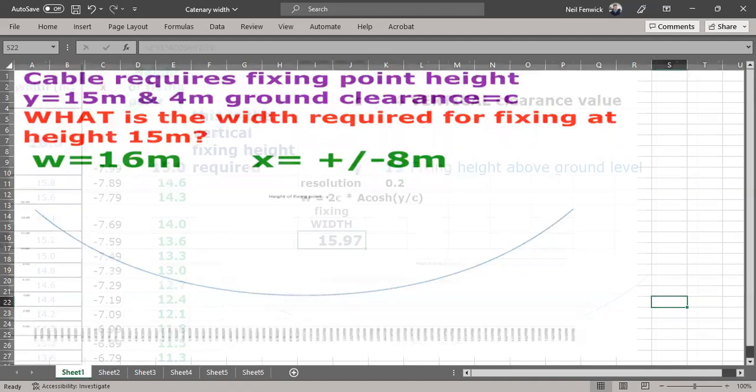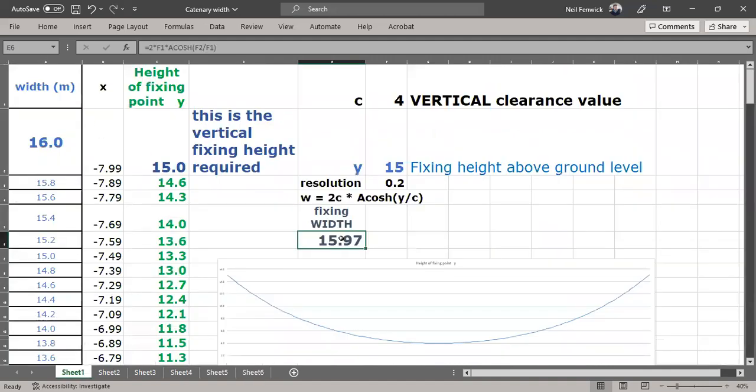So if we go back to our Excel, in this cell here we've got the calculation using the rearranged formula. We then take that calculation and plug it into this column here. Down this left-hand column, in order to plot out the U-shape, we've calculated the width in this cell using this equation.